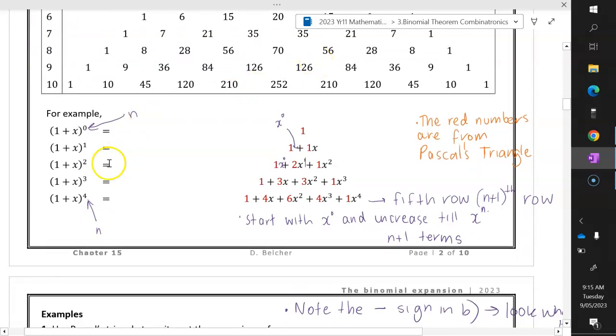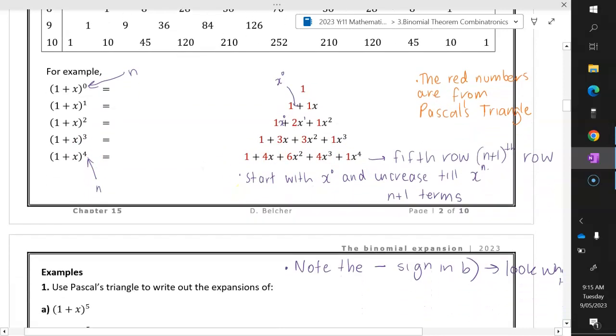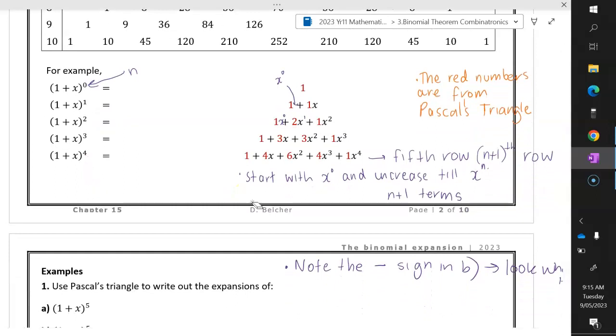So let's, for example, have a look at 1 plus x to the power of 4. A power of 4 means that our highest power of x will be 4, and that's over here. So if I start writing it down, I'm looking at 1 plus x to the 4. I want to expand that, so I need to go to my 4th row of Pascal's triangle, and I'm going to write down 1 plus 4 plus 6 plus 4 plus 1.